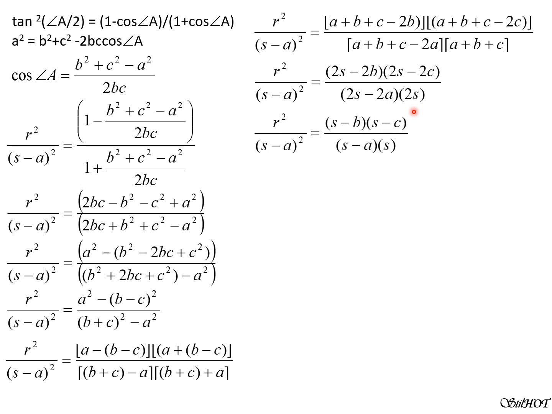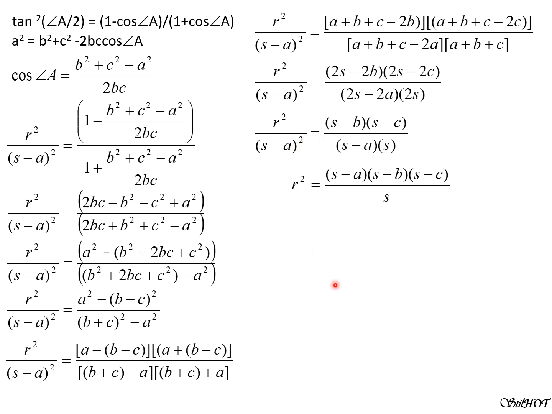Then we cross multiply, so we have s minus a times s minus b, s minus c all over s, because we cancel s minus a in the denominator. We have (s minus a) squared in the numerator.